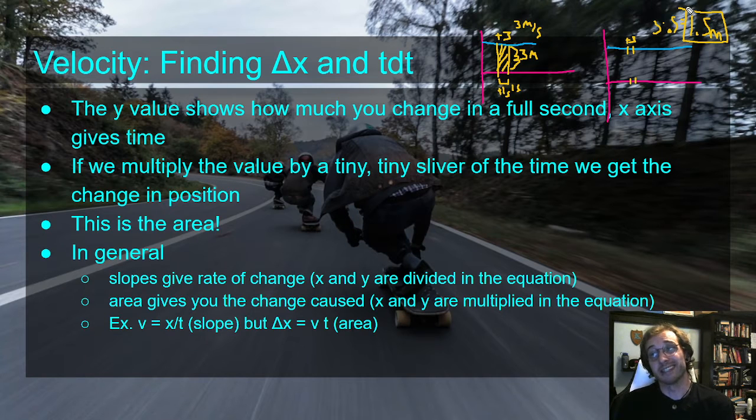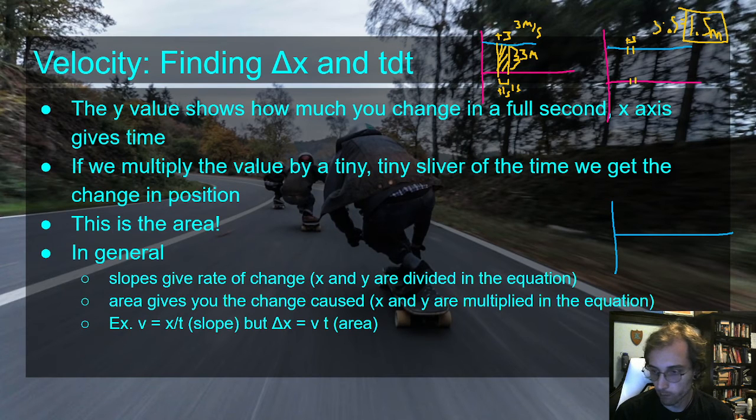Where it gets weird, and this is technically calculus, is what if it's not a constant velocity? If it's not a constant velocity, if we zoom in enough on this graph, it is really close to being a constant velocity here. So for this tiny little sliver of, let's say, 0.01 seconds, it is basically going plus 3.